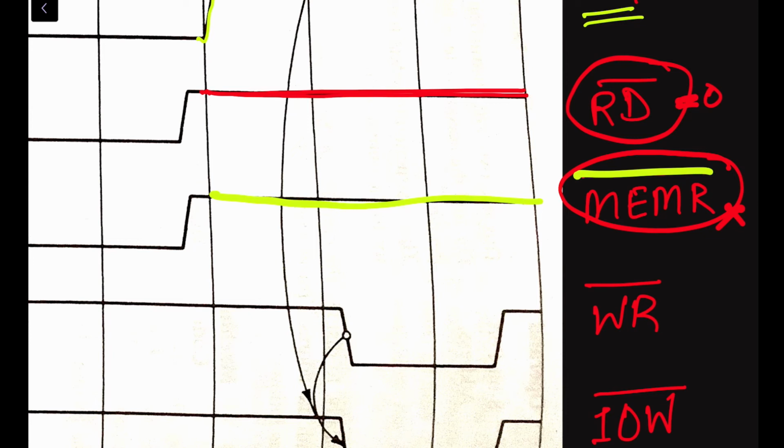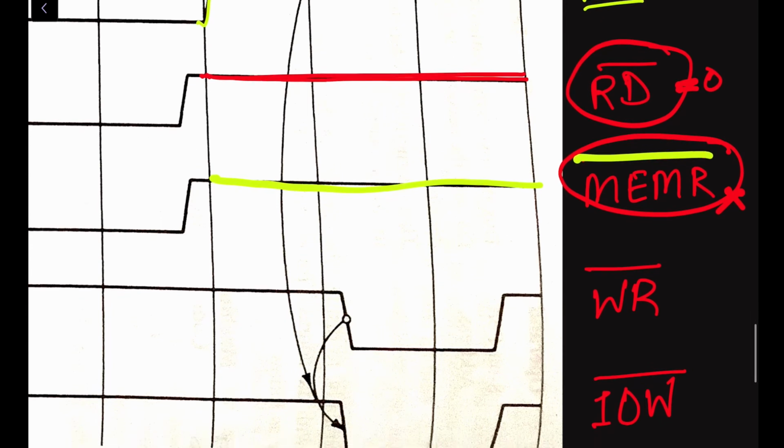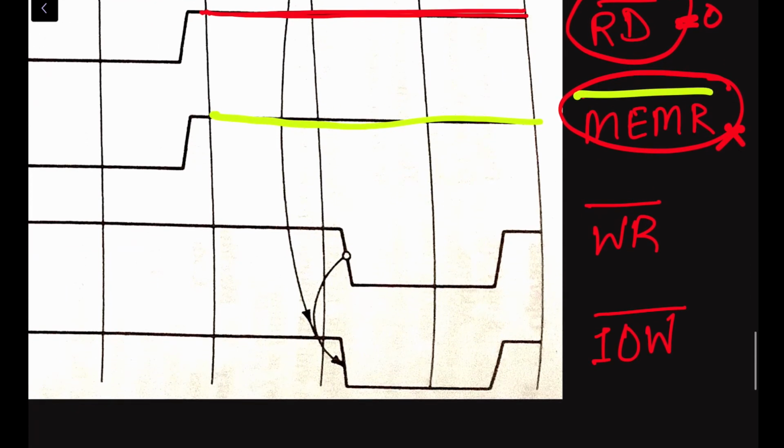Now in this case, during the second clock cycle, after getting the address of the output device, what we have to do is write the content of the accumulator into the targeted output device. Therefore, as it is a write operation related to the input output device, which is an active low signal, during the second clock cycle we have to make the WR bar signal 0.